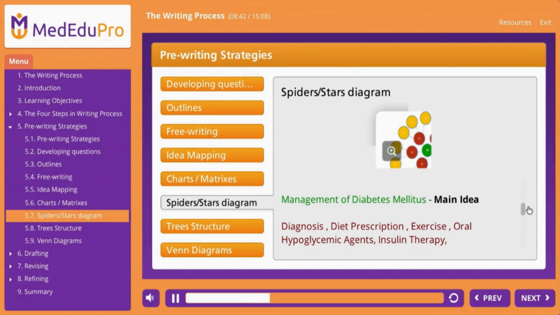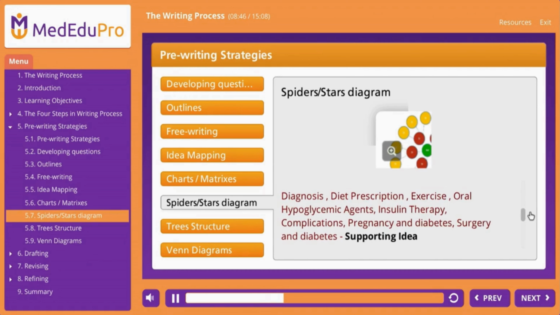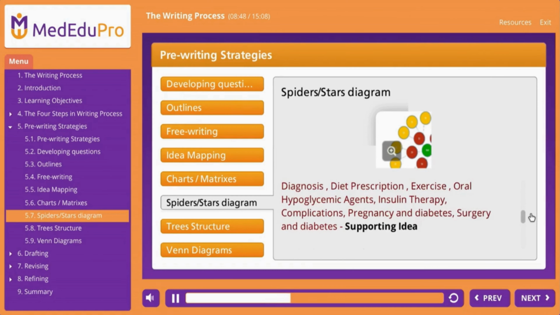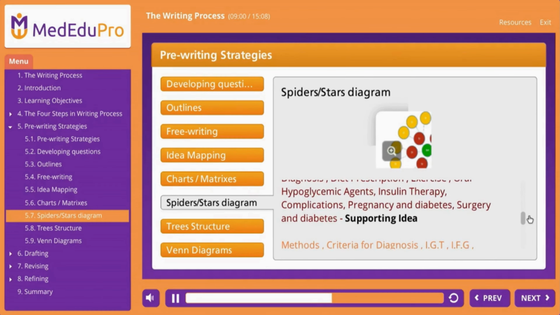Management of diabetes mellitus, main idea. Diagnosis, diet prescription, exercise, oral hypoglycemic agents, insulin therapy, complications, pregnancy and diabetes, surgery and diabetes, supporting ideas.